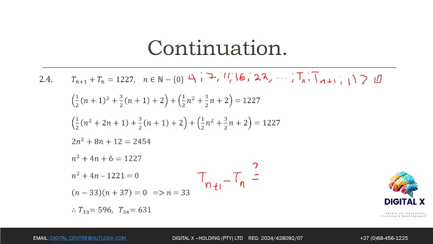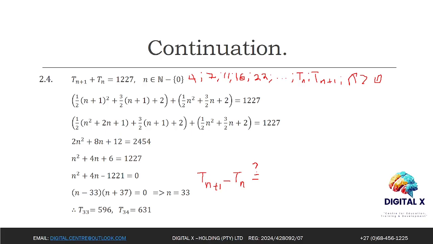So you're going to transpose, and you end up with n squared plus 4n minus 1221, and equate this to zero in order for us to be able to factorize. Now we're only interested in the value of n which is greater than 0, so we go with n being equal to 33.